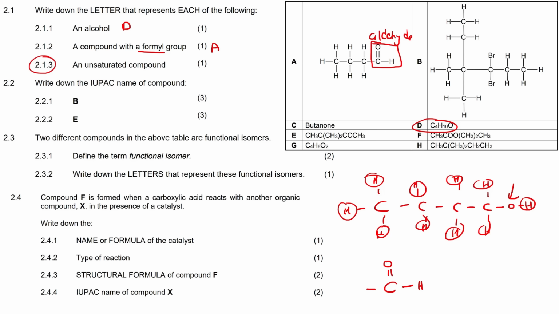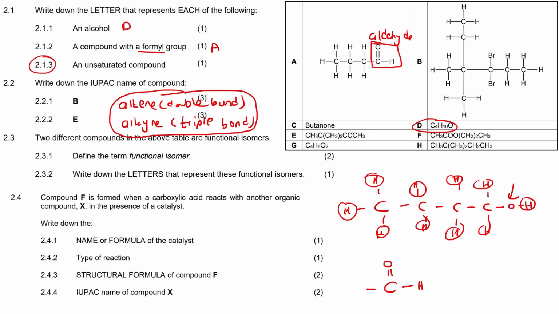Then this one says an unsaturated compound. When they say unsaturated, that's either going to be an alkene, which has a double bond, or an alkyne, which has a triple bond. It can only be one of those, okay? And when we say double bond, we're not saying double bond oxygen, we are only talking about the hydrocarbons.